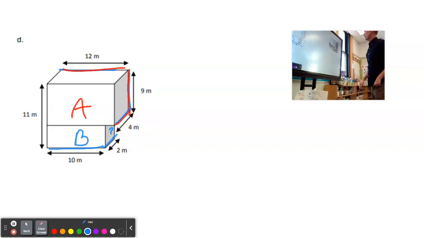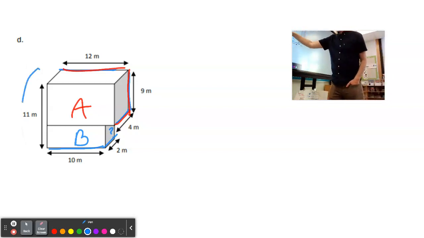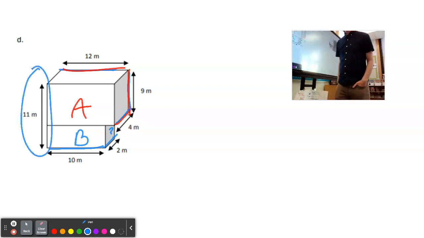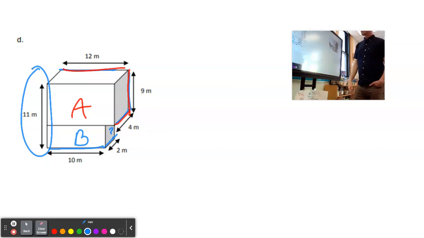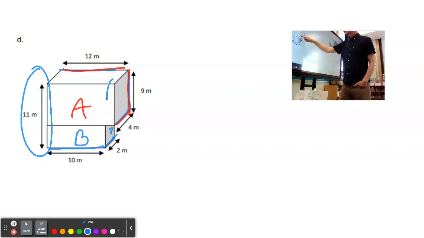and we don't know the height. So that's one you would have to infer based off the clues. Okay? So let's see what we know. We know that this whole sucker is 11, right? And we know that this line here, same as this line, is 9.